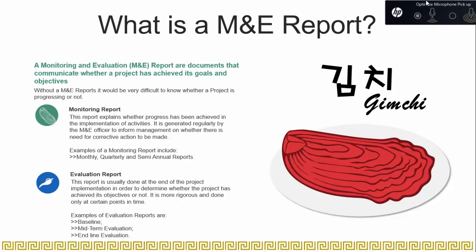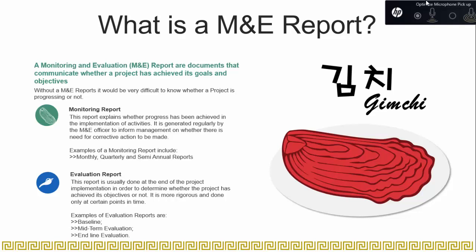The one which you report on a regular basis, could be monthly, quarterly, or semi-annually, is the monitoring report. Why do we say monitoring report? Because this is done on a regular basis. So as the M&E officer, you are directly involved in the actual compilation of this report.